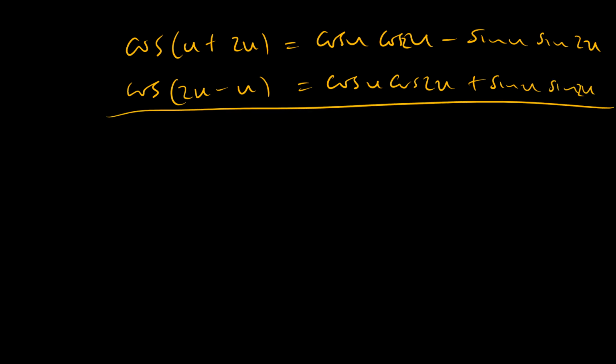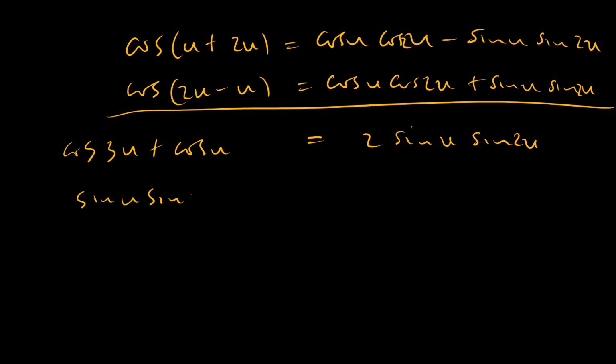So that when you add these, you get cosine 3u plus cosine u is equal to twice cosine u cosine 2u. Therefore, sine u sine 2u is equal to a half of cosine 3u plus cosine u.